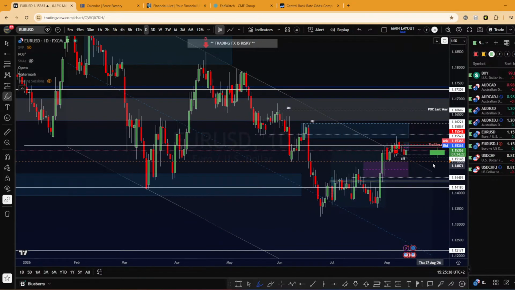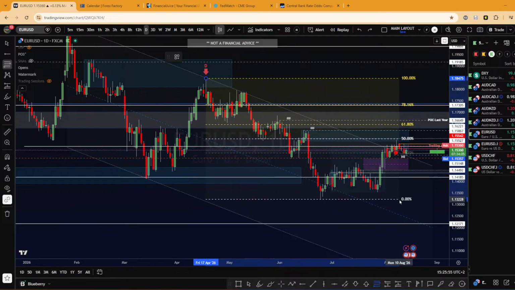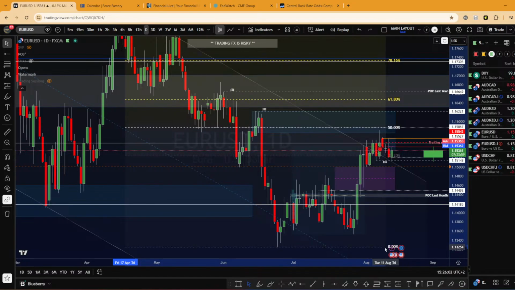I want to sell, but I don't know if price has some room to find another premium zone before we really see the real sell off. What I mean is, for example, if I take my Fibonacci from this high to this low, you see how we barely touch the 50%. Let me put it right.